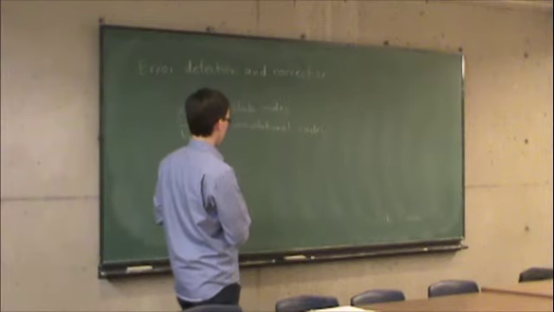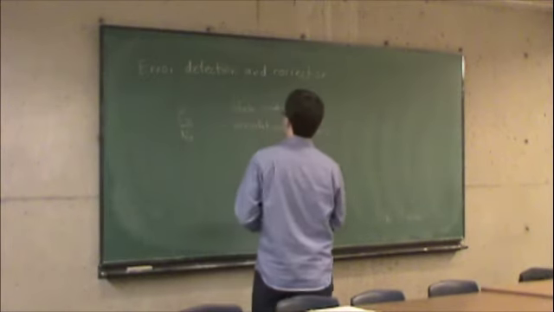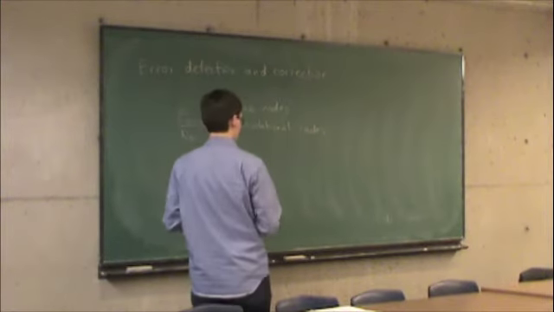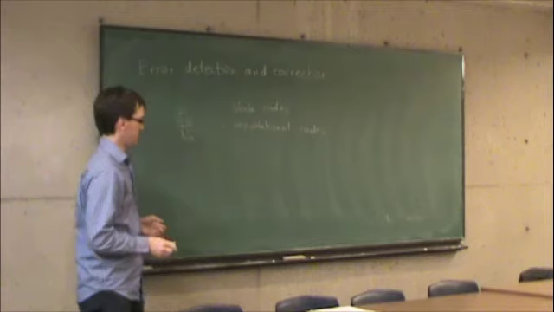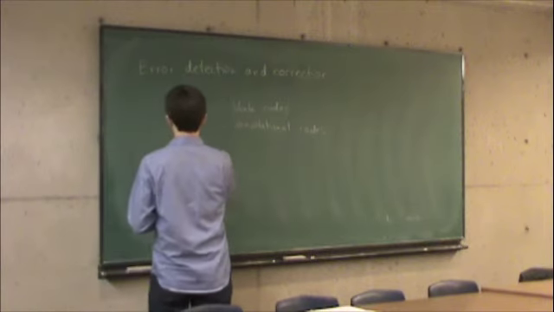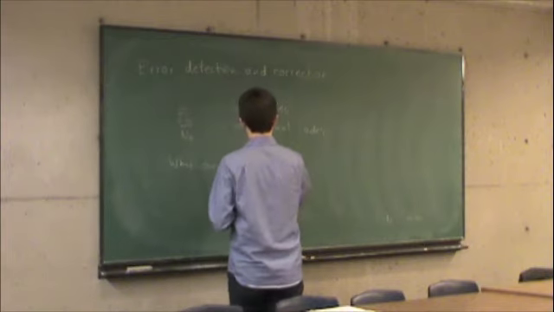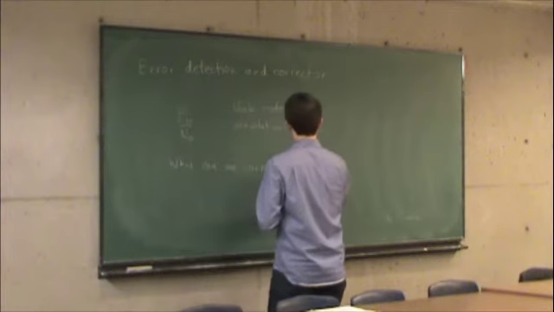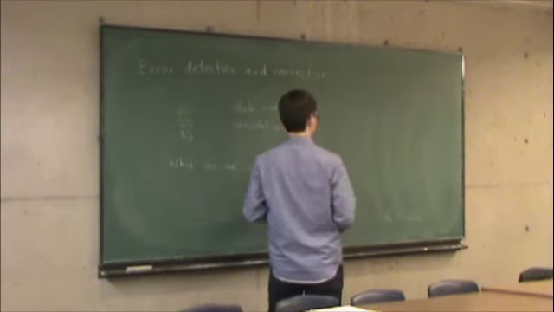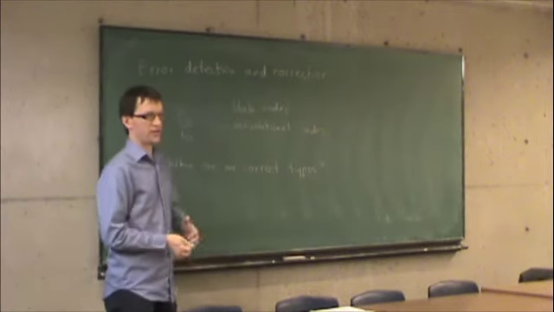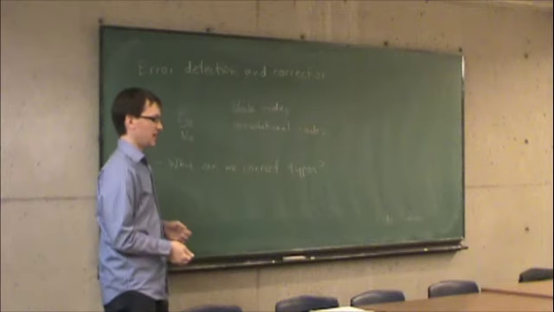The best way to think about error detection and correction is to think about our everyday experience. So why can we correct typos? A typo is a kind of error in digital transmission.